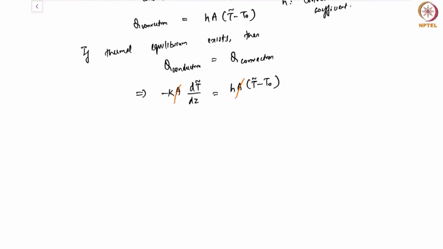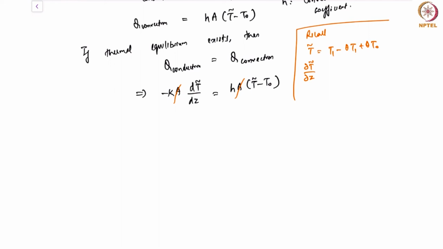And our next step is to write this in terms of theta. So recall that T hat is nothing but T1 minus theta T1 plus theta T naught. Theta was T1 minus T hat divided by T1 minus T0.